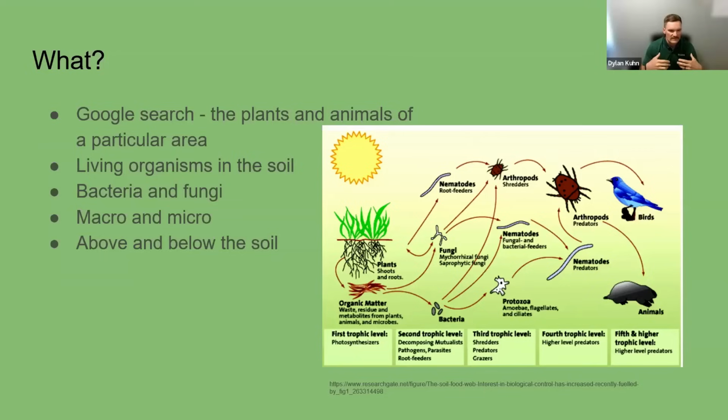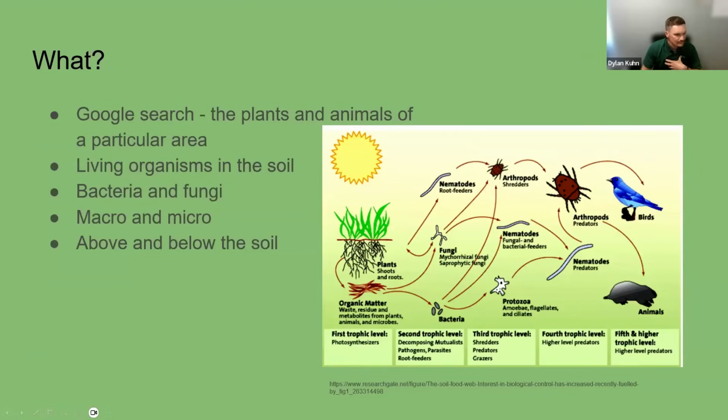All of those species have a certain function within the soil that can help with residue breakdown, nutrient availability, aeration of the soil. There's so many different jobs that each one of these has. And you can see in the soil food web here how that is laid out.